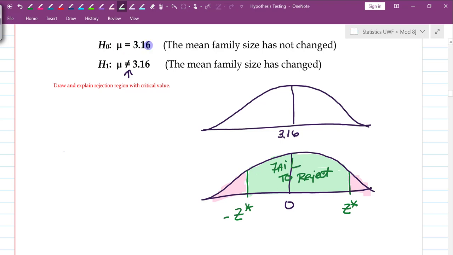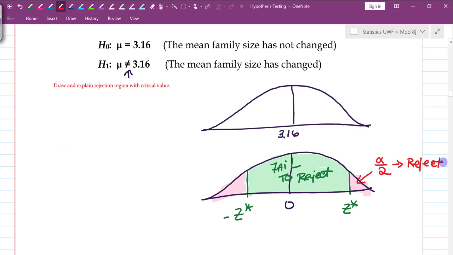Only if we cross our line, this line here or this line right here, are we going to reject. And the amount of area in here, because it's a two-tailed test, is half of alpha, and we will reject.